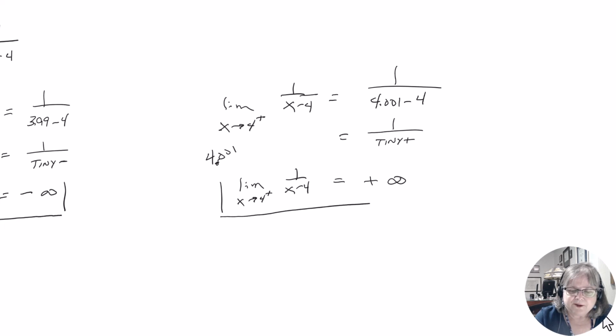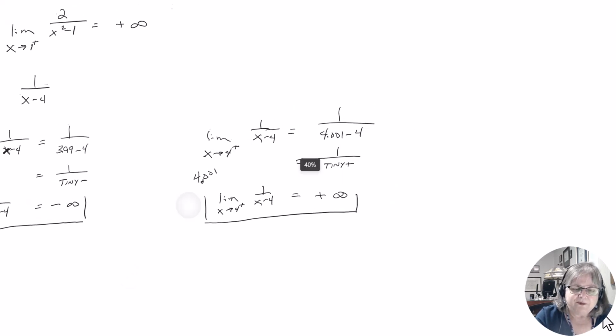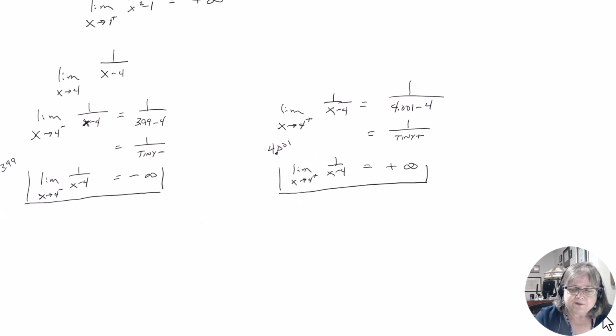Now look at these two. If they match, let's say they were both going off to positive infinity, then you could say the limit from both sides was positive infinity. But they don't match. One's going up and one's going down, and so they don't match.